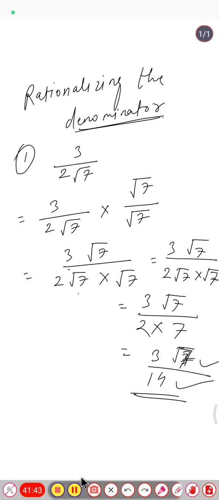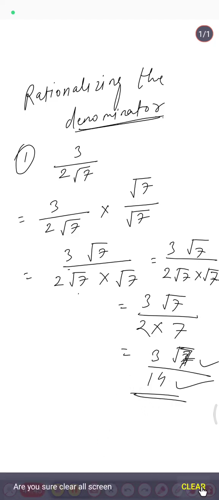Understand? Similarly, we'll see one more example by which you can understand rationalizing the denominator: 1 upon root 5.